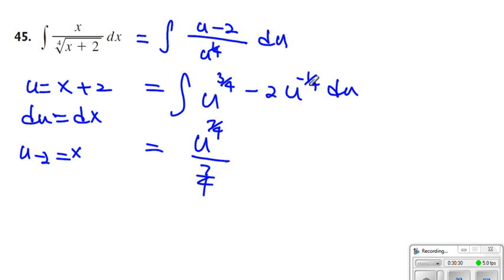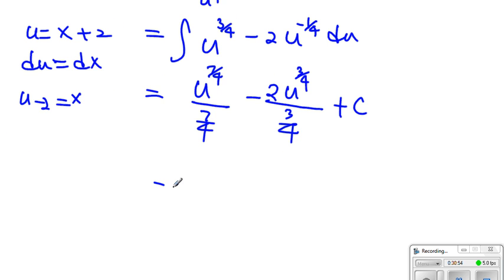And then here it becomes, that's right, minus 2 u to the 3/4 power divided by 3/4, plus c.